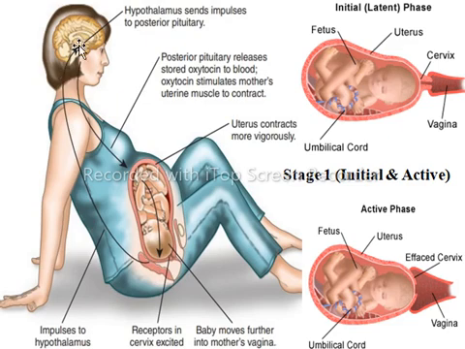Then the brain will send impulses or signals to the hypothalamus, which is a part of the brain, and the posterior pituitary gland to release the oxytocin hormone. The oxytocin hormone will reach the uterus through the blood and start stimulating uterine contractions.